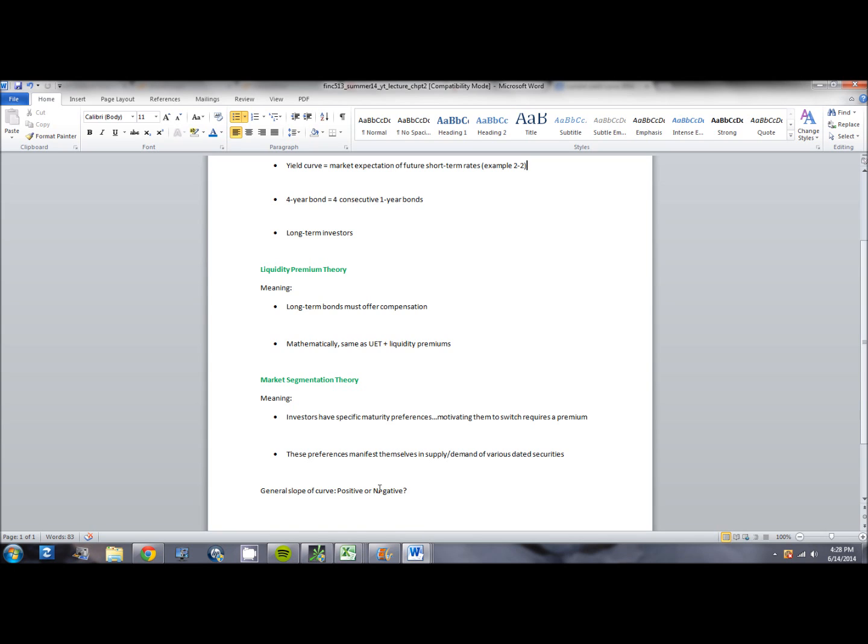If the yield curve is positively sloped, that is your quote-unquote normal circumstance. That is usually indicative of a healthy, growing, expanding economy, because it means that if you take more risk, if you go out further in time and invest in longer-term investments, you're going to be rewarded for doing that with a higher return.